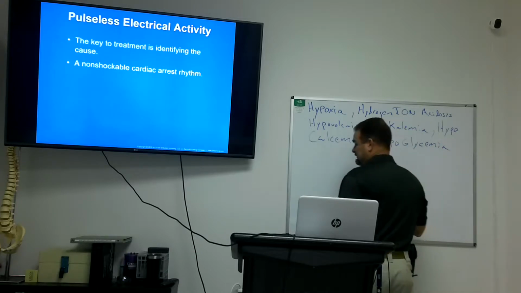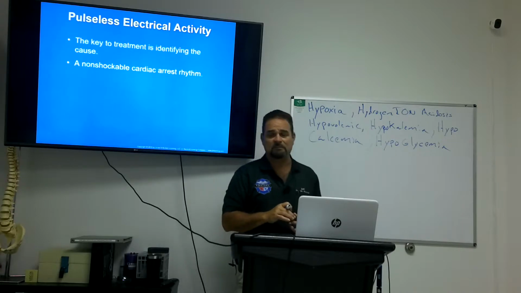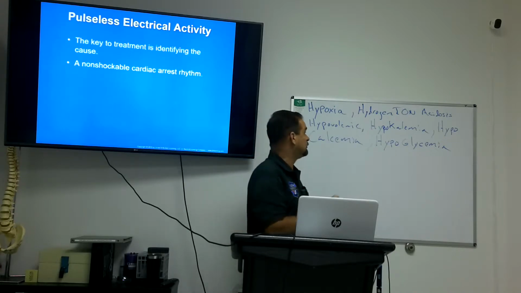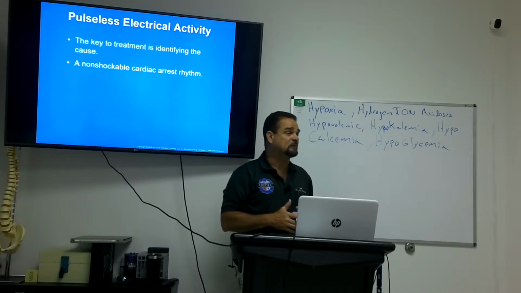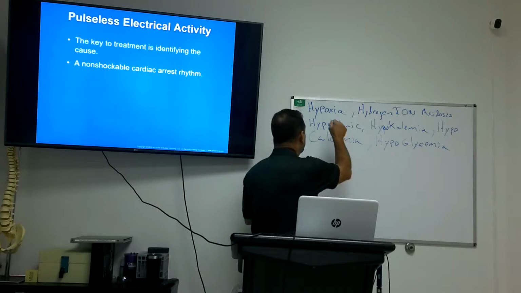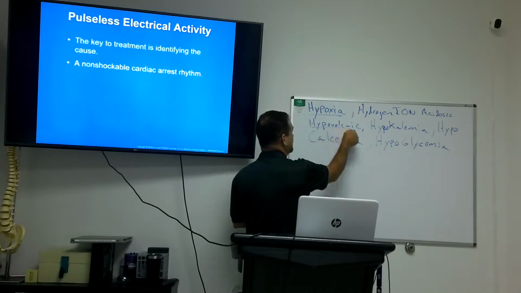Those are your H's. So if we're working with a patient and they're in PEA, we need to rule out the H's. These are the ones that we're going to look for first. The number one that we find in most cases is hypoxia. Number two, hypovolemia.